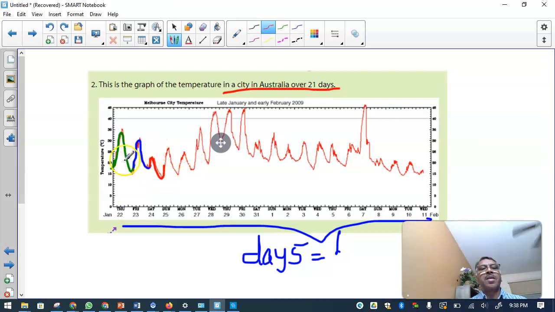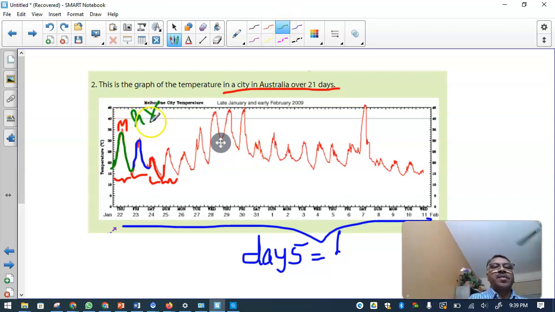It goes up and then goes down. So all you're supposed to write is that there's a period here. Every day there's one cycle. See, this is one cycle, this is another cycle, another cycle, another. Every day it goes up, and that's the maximum. You can see there's the maximum temperature, and this is the minimum. Every day there is a minimum, maximum, minimum, maximum, minimum, maximum, minimum. From maximum to maximum is one period.